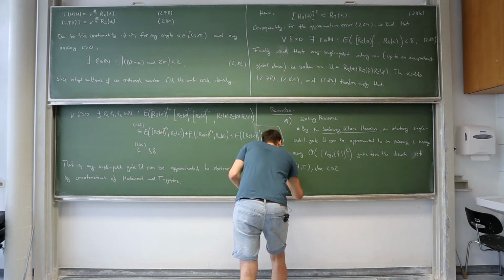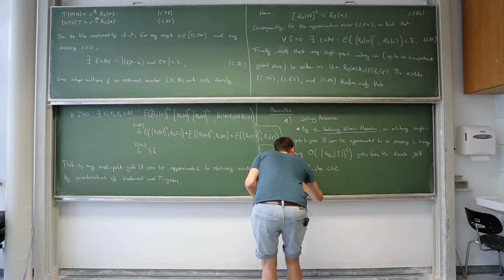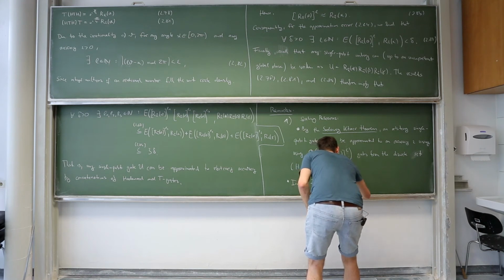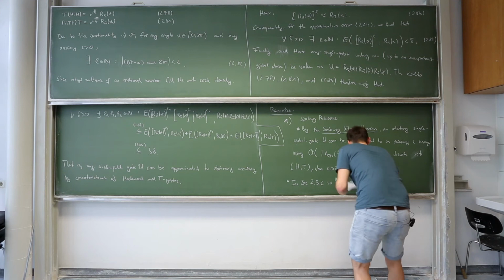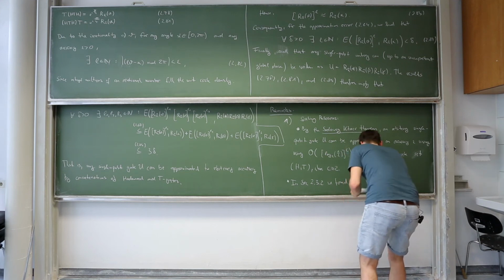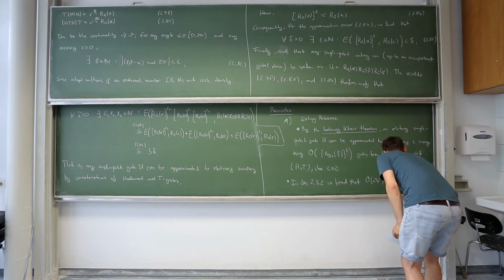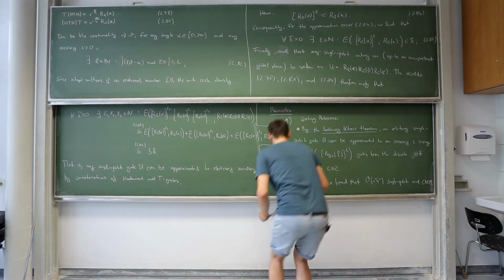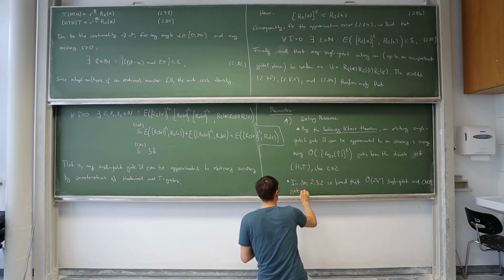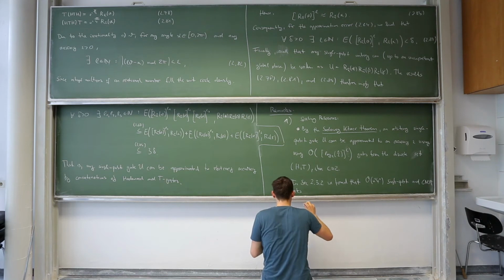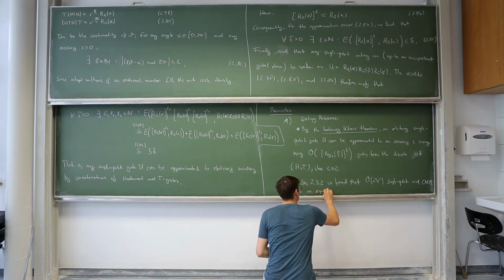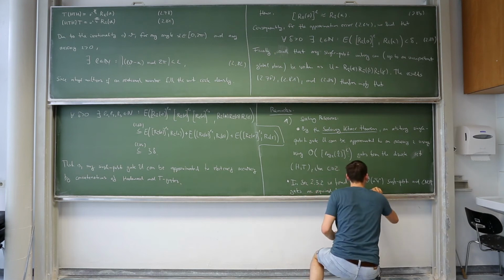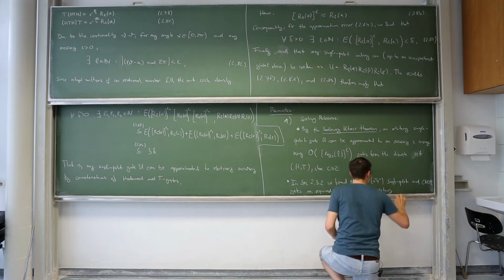And then let me also recall that in section 2.3.2 we found that O(n^2 4^n) single qubit and CNOT gates are required to implement an arbitrary n-qubit unitary.